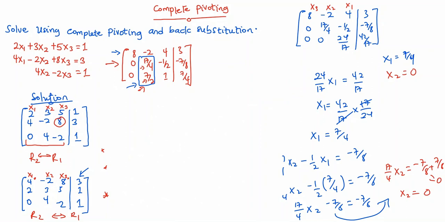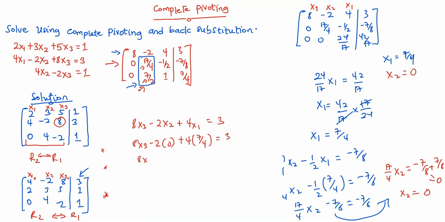So now let's find x3. For x3 also, we are going to have 8x3 minus 2x2 plus 4x1, and this will be equal to 3. So we know the value of x2 and then x1. So let's do the substitution. So I have 8x3 minus 2 multiplying 0, plus 4 multiplying 7 on 4 equal to 3.